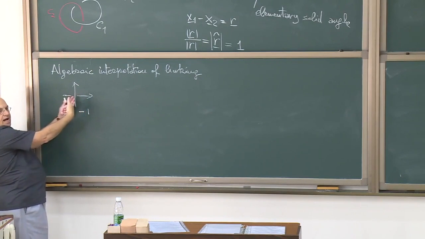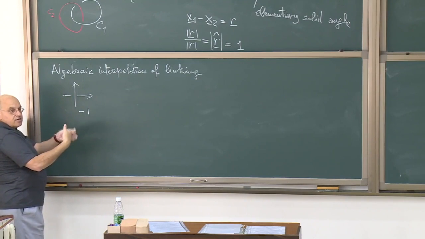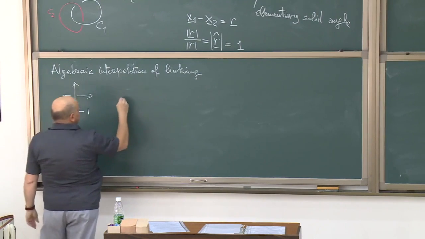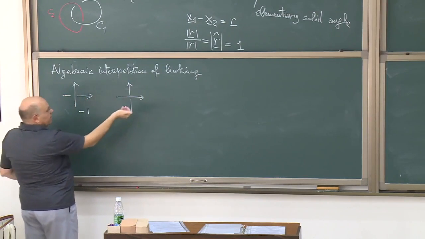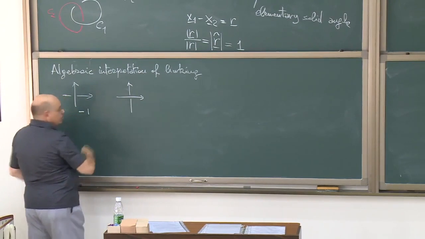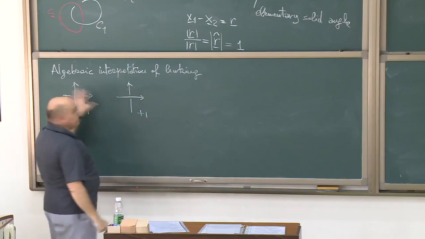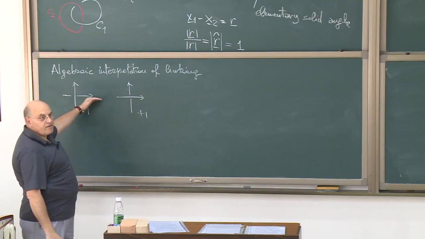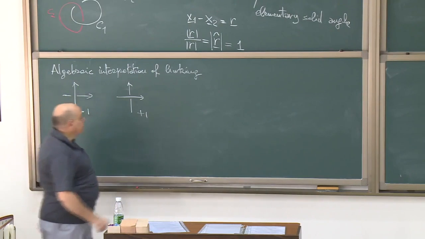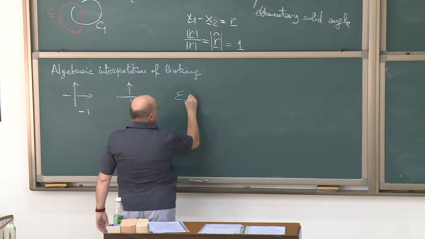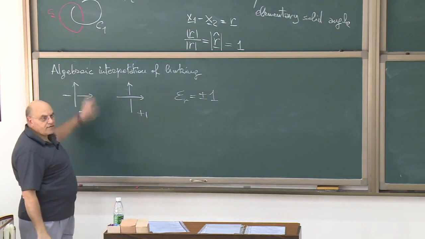And whatever is behind, under crossing, if it is against your fingers, is a minus. And if it is in favor of your fingers, you put a thumb on the top one and you have a plus. Okay? So all the times you have a crossing, you have a plus or a minus. You call this quantity plus or minus 1 the sign of the crossing.